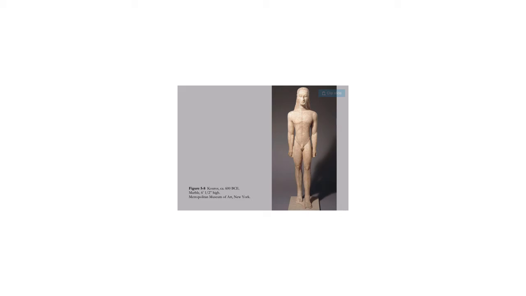When we get to the Anavysos Kouros, we see quite a different representation, one that is far more lifelike. We're looking at a statue that looks more familiar in terms of how we think of the human body and the movement of the human body. What's the other thing about nudity during this period that's different?